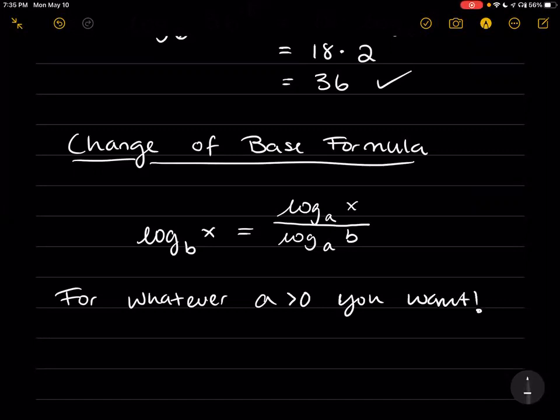So this is useful because you can take a logarithm that has some base and some number, and you don't know how to figure it out. But you know that somehow, if you have a different base and you play around with the two numbers, there's a different base that'll make them easier to understand. And you could just pick that base and use the change of base formula to simplify things.